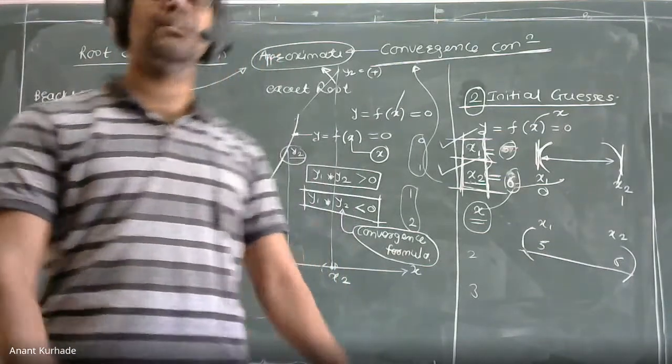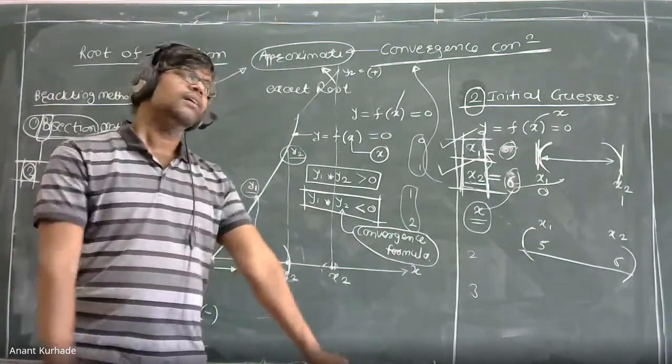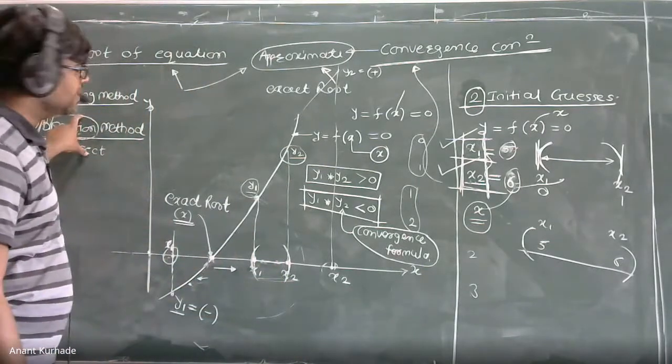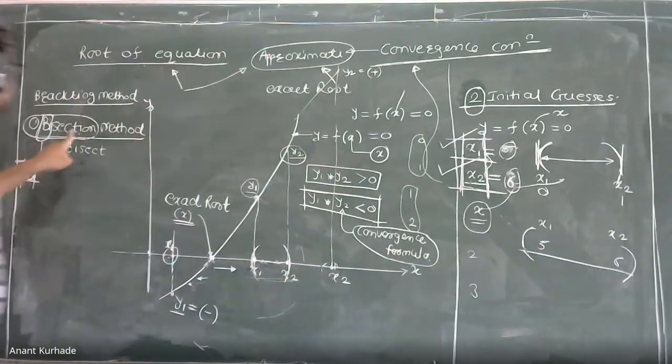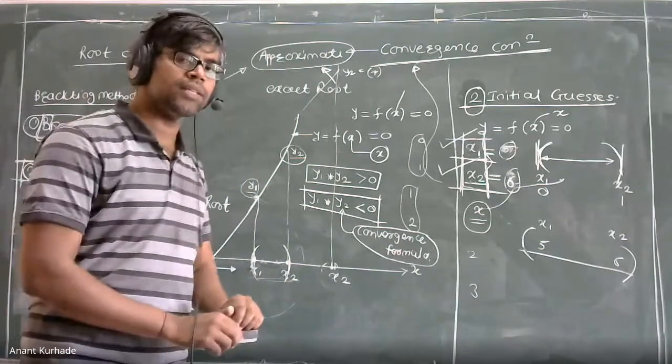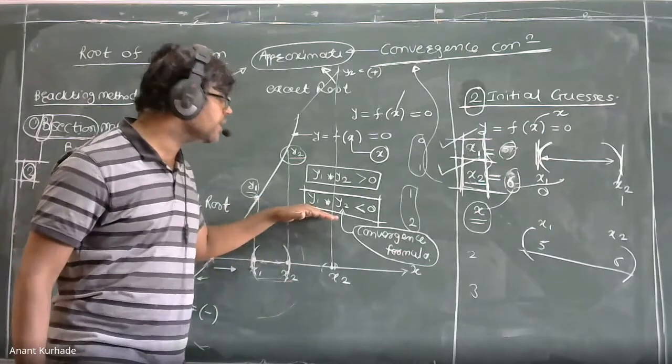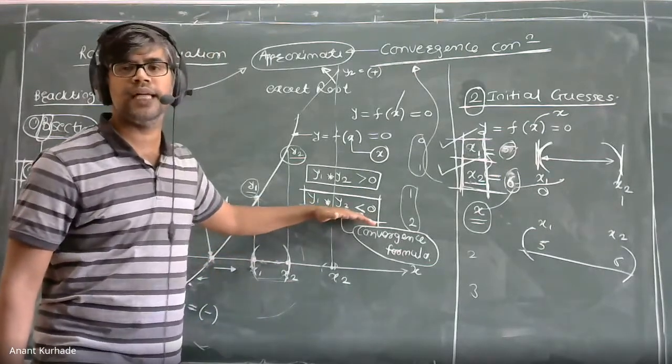Simple. Just remember the convergence condition for the bisection method, and the second method, the regula falsi method. The convergence condition is y1 into y2 is less than 0.